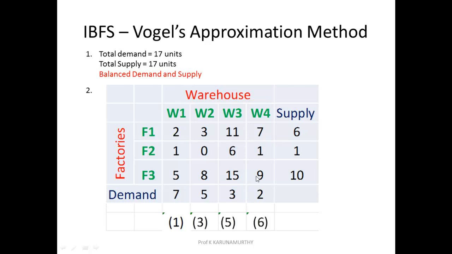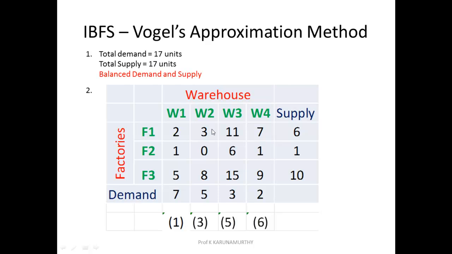find the penalty. Penalty, when I say penalty, is nothing but the difference between the smallest value in the column and second smallest value. So if you refer in this case for the column number 1, smallest value is 1 and second smallest value is 2. The difference between these two is 1. That is what is written here.